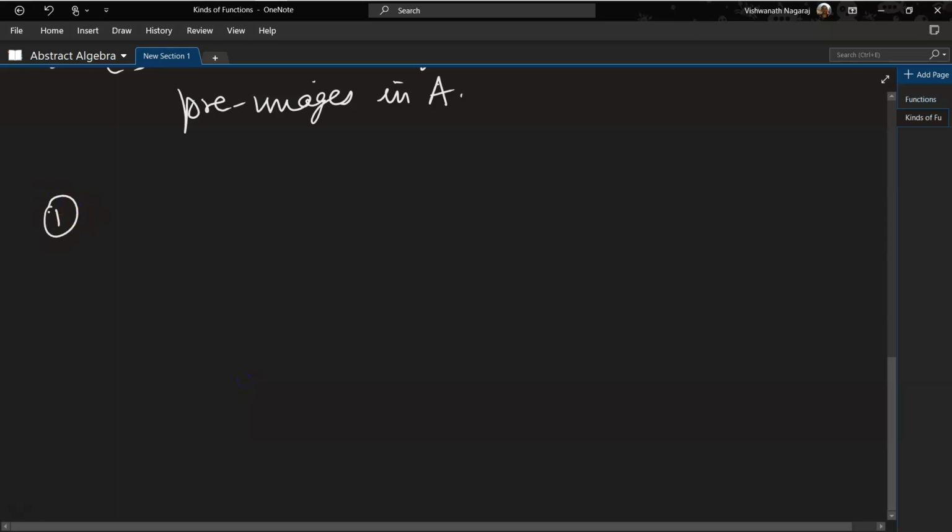So let's look at the first one, one-to-one function, also called an injection.